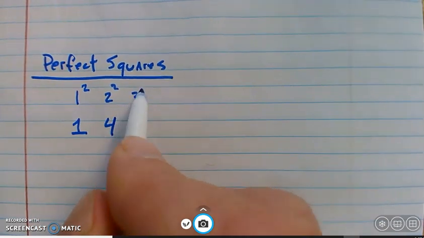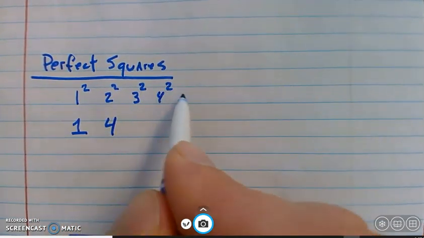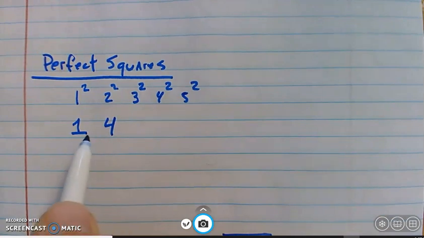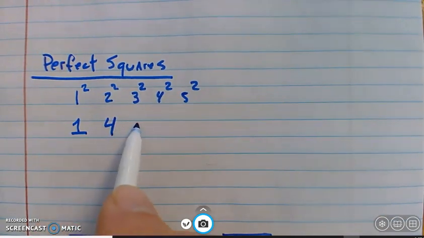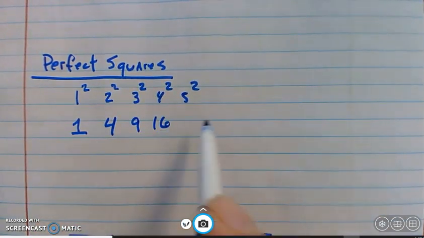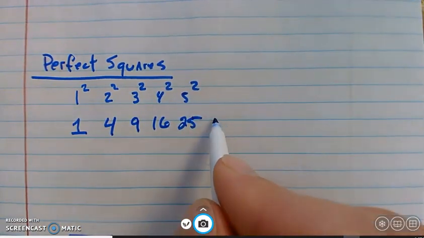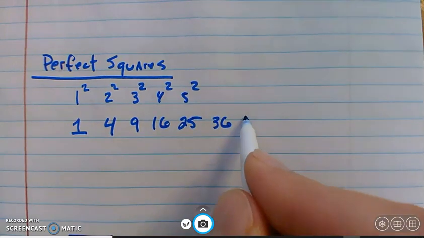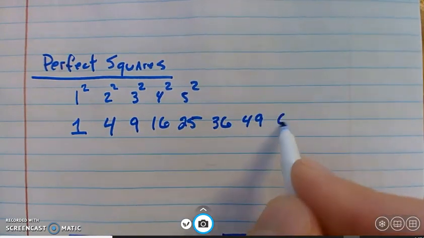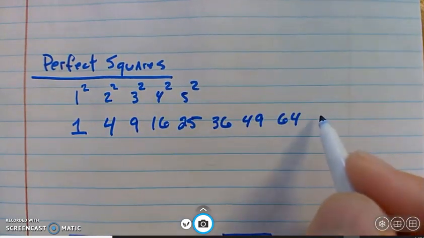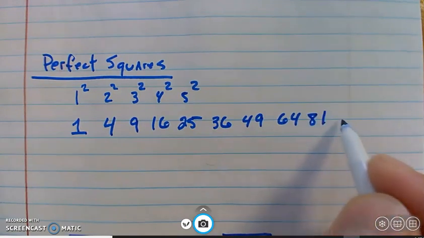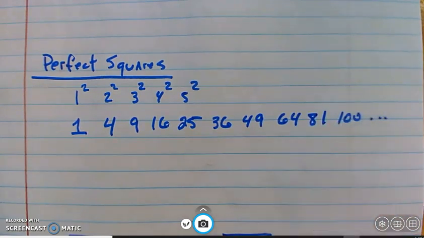I can continue the pattern and generate the rest of my list. 9, 16, 25. I can continue. And so on. This list does go on forever.